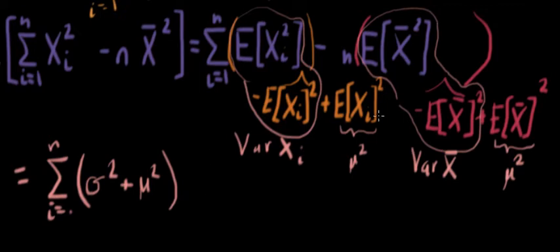Then we subtract, so up here, minus n times all of this stuff. The variance of X bar, we know that to be sigma squared over 2.